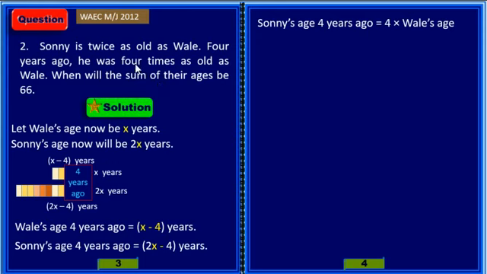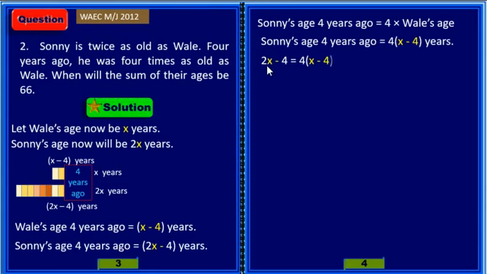You can see it here, 4 times Wale's age. So now we're going to find the relationship between the ages of these two boys. Sonny's age 4 years ago is 4 times Wale's age 4 years ago.